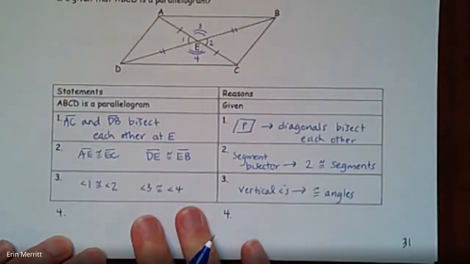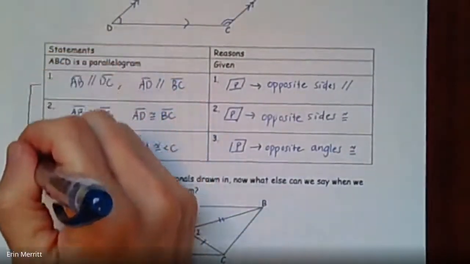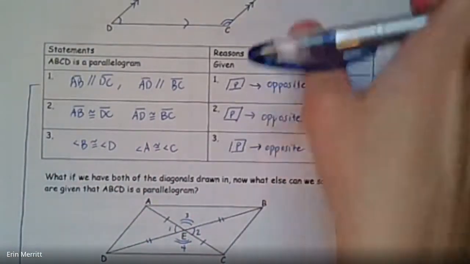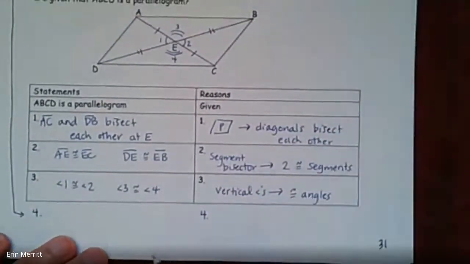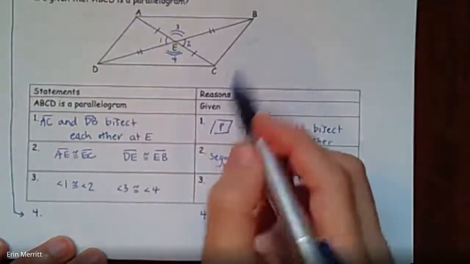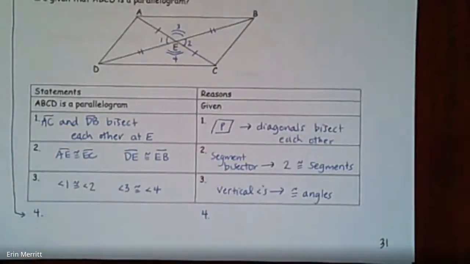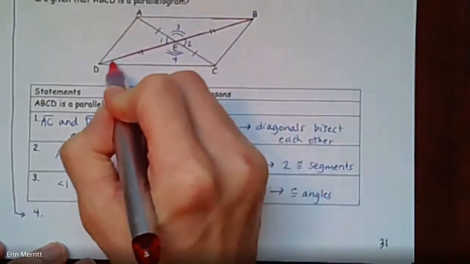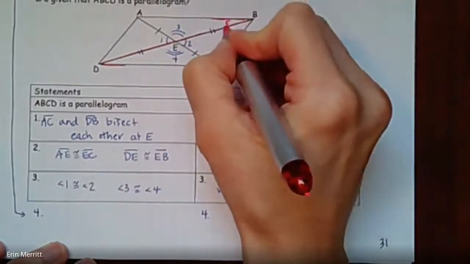One other thing that kind of connects from a statement up above. So if I'm going to slide my paper back for a moment. That very first one, the fact that we have parallel lines, I'm going to draw a little arrow all the way down to that number 4 that I just wrote. Parallel lines are going to give us alternate interior angles. And so once you have one of the diagonals drawn in, you could then say that you have alternate interiors. So maybe just for the sake of the argument, if I used this top line and then I can draw across the diagonal, so that I can get that Z shape, and I'll call this angle 5 and angle 6.